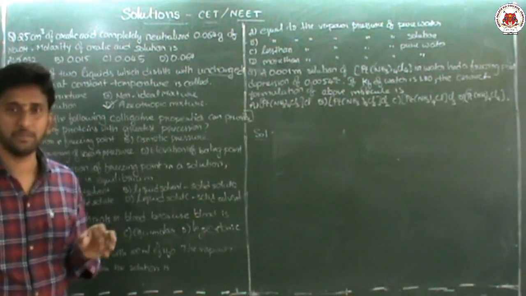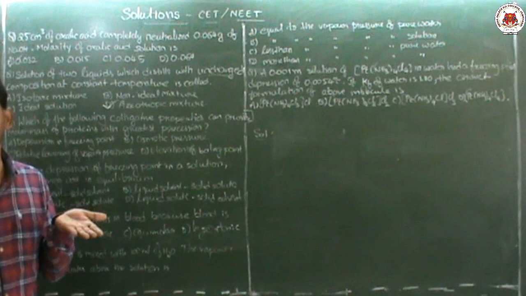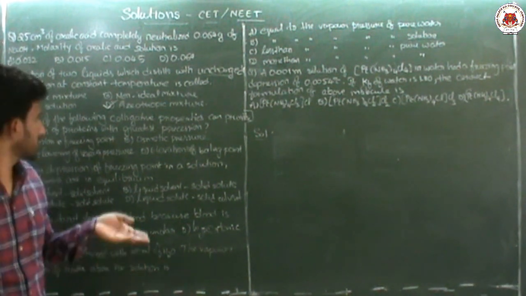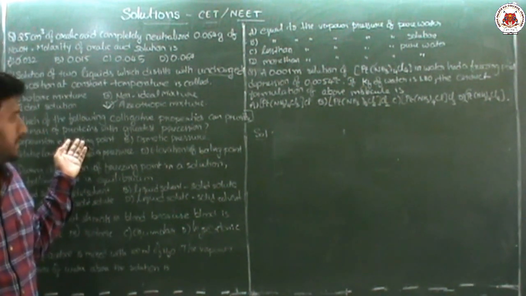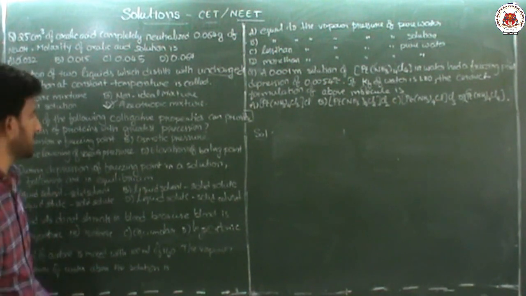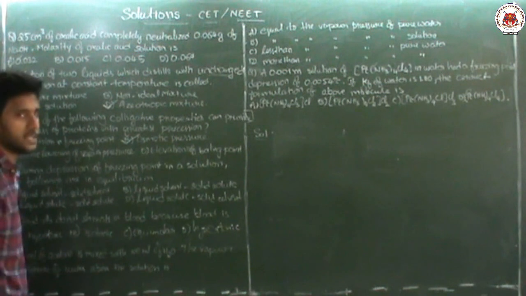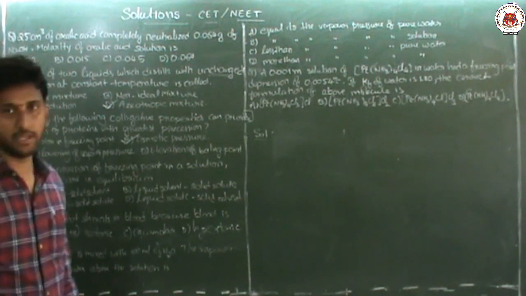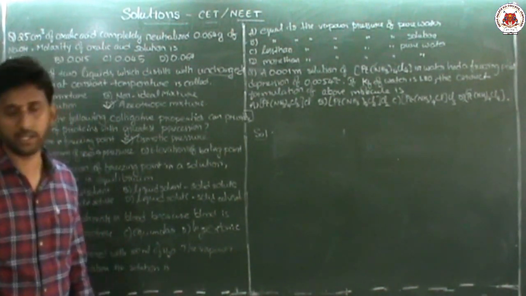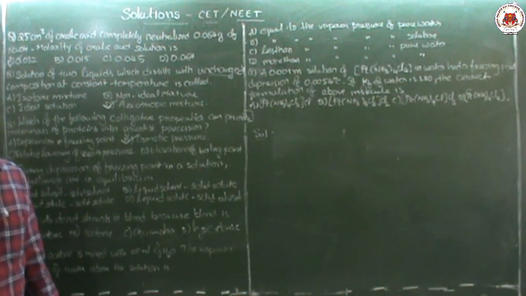So the best method to measure the molecular mass of macromolecules like proteins and enzymes is the osmotic pressure method, because it is a simple method. There is no high heating, no decreasing of temperature, and no high pressure.